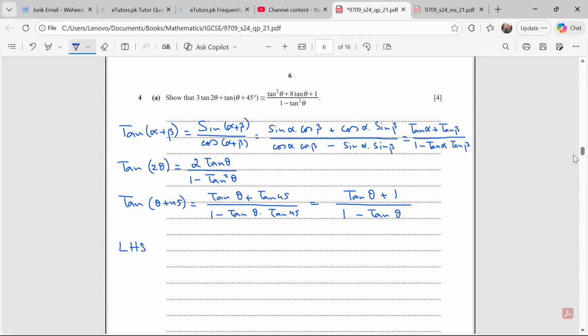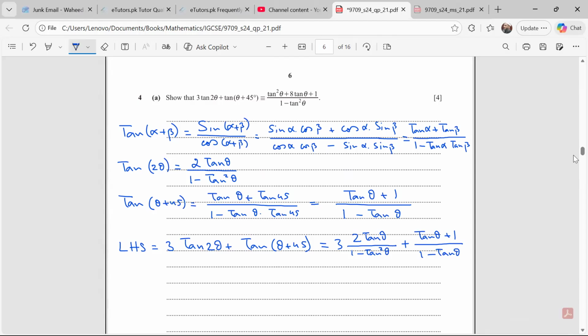The left hand side is given as 3 times tangent 2 theta plus tangent theta plus 45, right? So 3 times tangent 2 theta would be 6 tangent theta divided by 1 minus tangent square theta, and plus tangent theta plus 1 over 1 minus tangent theta.